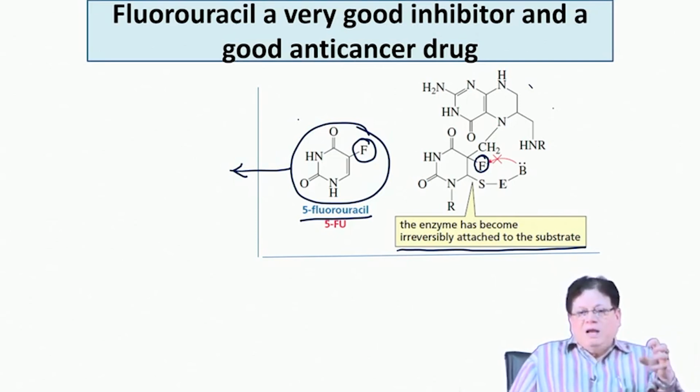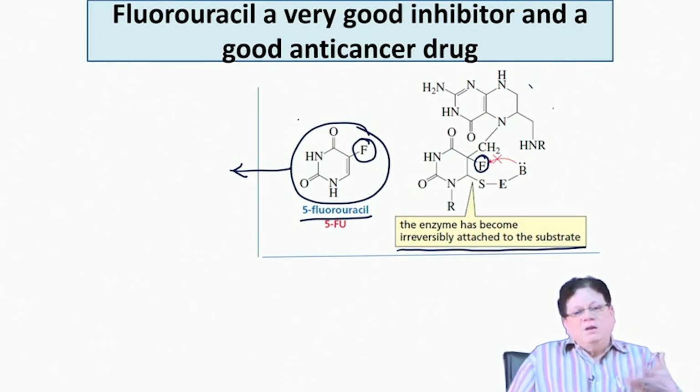But the folic acid, this methotrexate and dihydrofolate, the binding is so strong, it is a collection of many weak interactions which makes the binding very strong. So, this is called an essentially irreversible inhibitor.